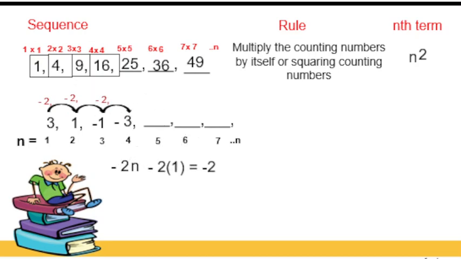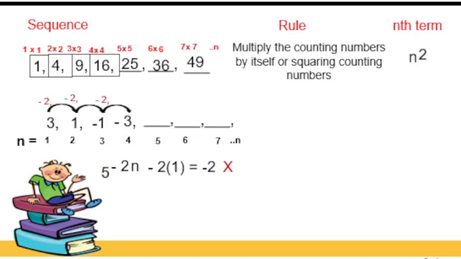So what are we going to do to satisfy that the first term is 3? Are we going to add or subtract? So that is wrong.